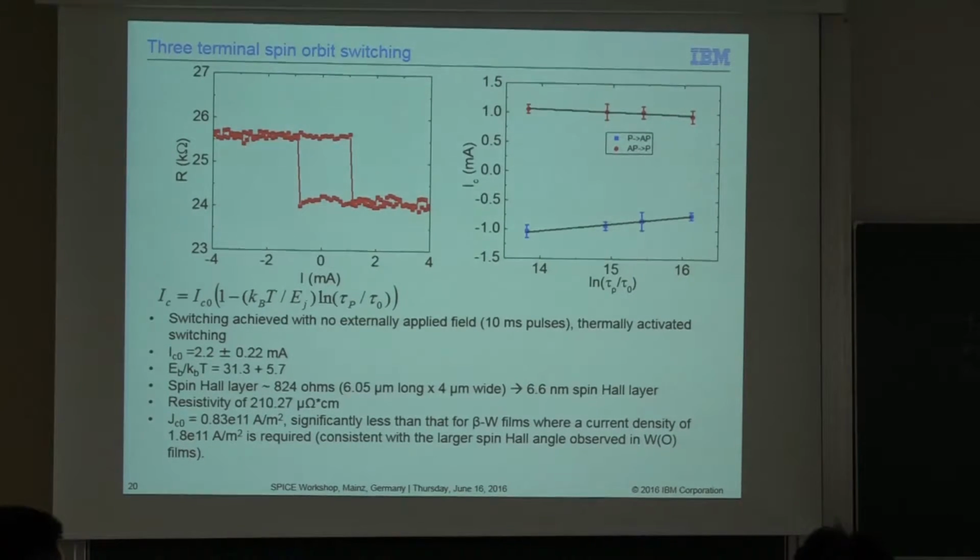By extrapolating this to a zero pulse length limit, you can get a kind of zero temperature switching current density for switching the magnetic tunnel junction. And we find that our switching current density is actually 2 times lower than what you would typically expect for the beta tungsten film, which is also consistent with the larger spin Hall angle that we measure.